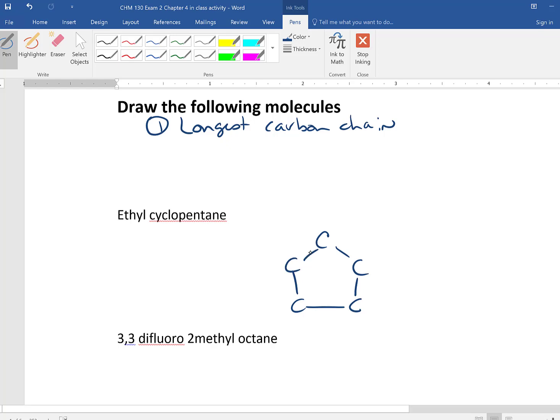I'm not super picky, I make mine look like a house. There's the cyclopentane, and then I have an ethyl, 2 extra carbons. So that means I have to put a 2 carbon group hanging off somewhere. That's the framework of it. Then you can add the hydrogens in.